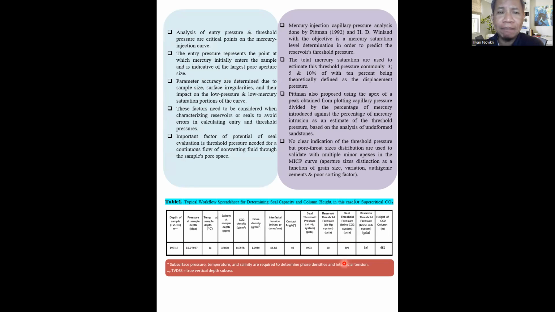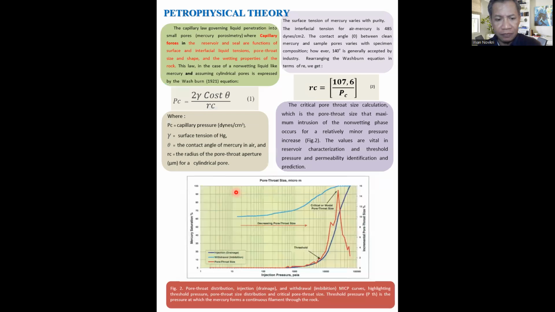So the entry pressure and threshold pressure are terms used to describe an important point on the mercury injection curve, as we can see in the figures in the previous slide.